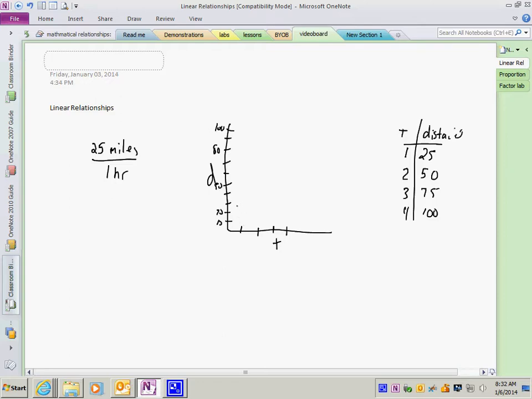1 hour would give me 25 miles, and then 2 hours would give me 50 miles, right there. And then 3 hours would give me 75 miles, and then 4 hours would give me 100 miles.